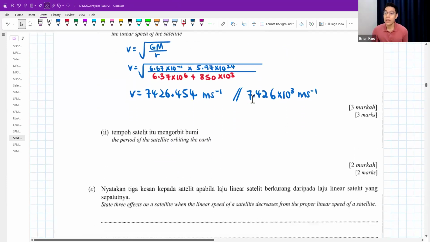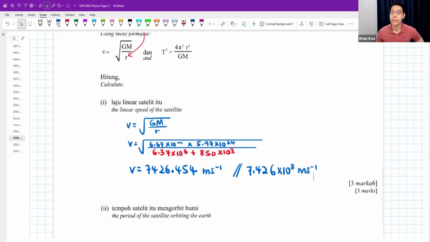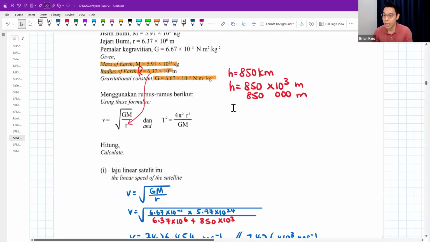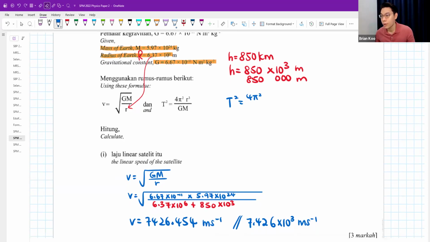All right. The period of the satellite. Period, the formula is this really complicated looking thing. Okay, maybe I do it at the top here first so that I can refer to the values. And then later I will copy down there. So my formula looks like this, looking quite complicated.